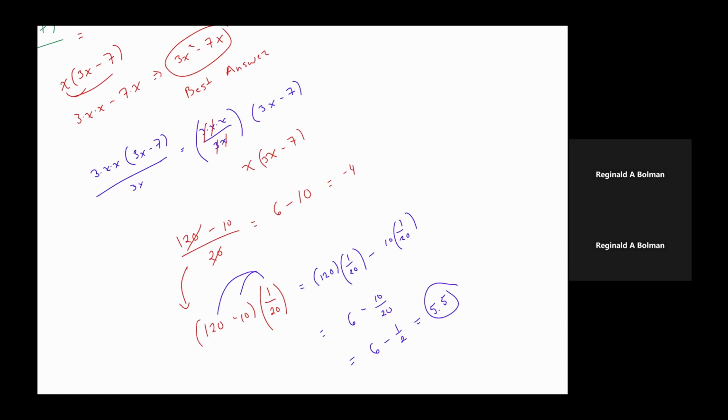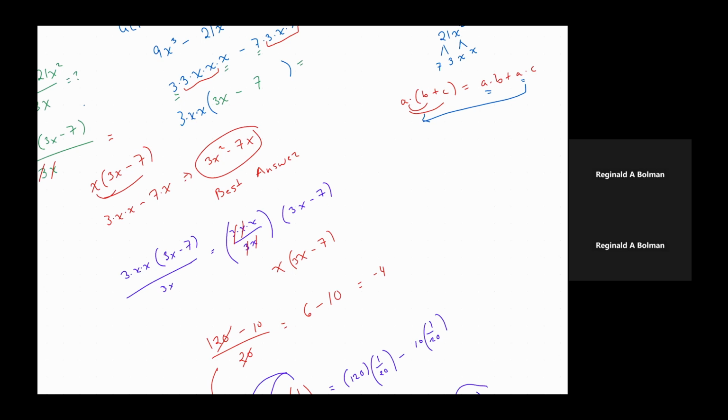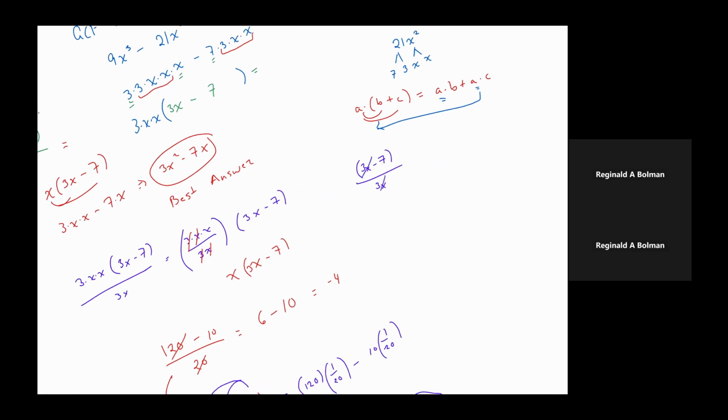The same thing would happen here above. We really need to be aware that, by the distribution law, if you have something like 3x minus 7 all divided by 3x, and mind you, I realize that's not what is actually written there, but supposing you had 3x minus 7 all divided by 3x, another reason why you can't just divide out these terms with one another is that this is actually the same thing as 3x minus 7 times 1 over 3x.